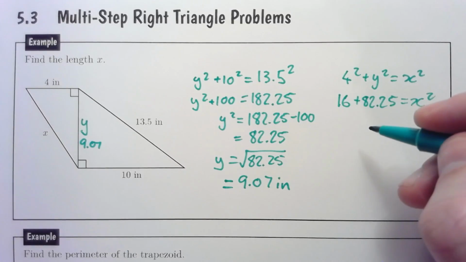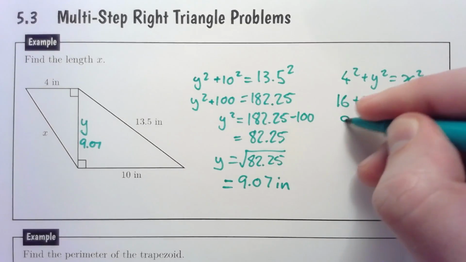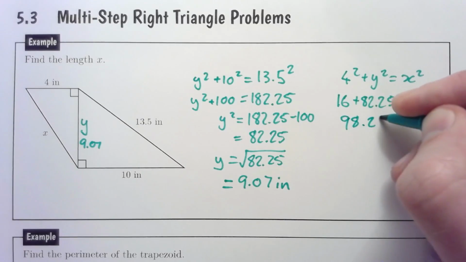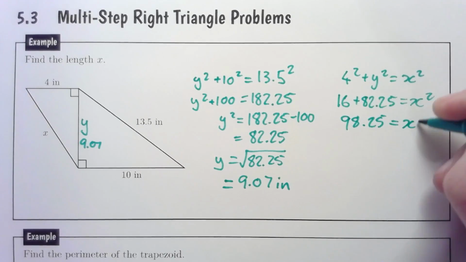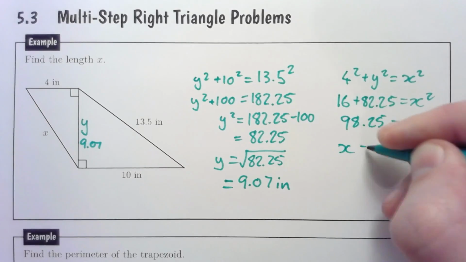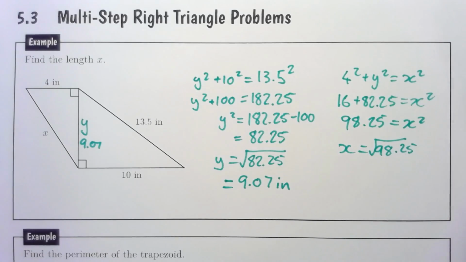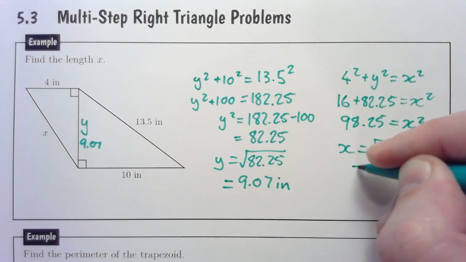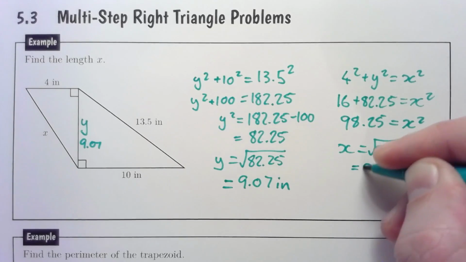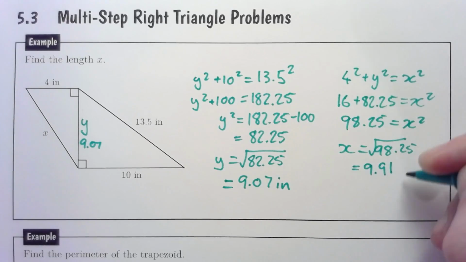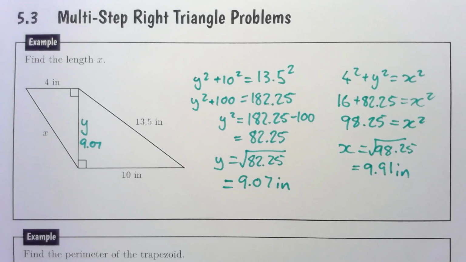We can add those two numbers together to get 98.25, which is equal to x squared, which means that x is the square root of 98.25, which is 9.91 inches.